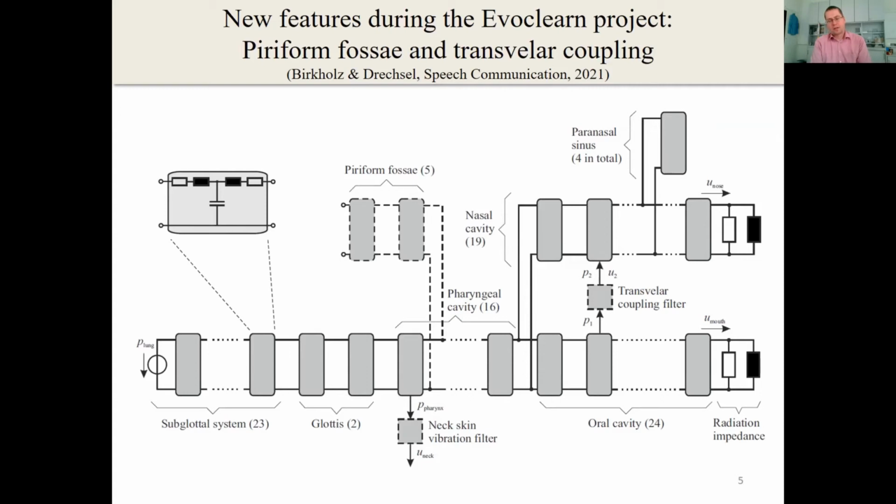So we suspect that these components simply discriminate different speakers. Some speakers may have bigger piriform fossae, others have a smaller side cavity here. Some people have stronger transvelar coupling, others have less. So I think it's more the thing that discriminates speakers, but it's not really necessary for natural sounding speech.